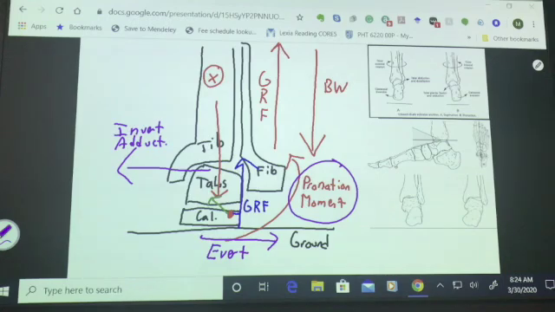And this is exactly why the talus will slide towards the medial side.